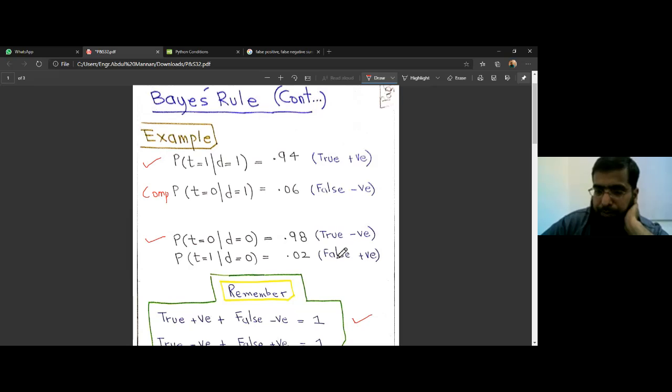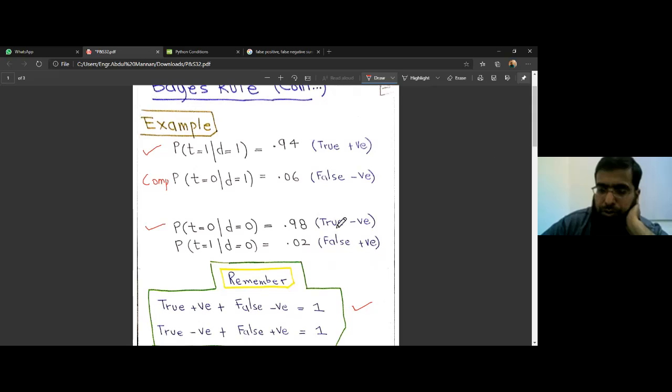So these two probabilities, true negative and false positive, also sum to 1. Therefore, we can compute the probability of false positive given the probability of true negative. How? By subtracting it from 1. 1 minus 0.98 is 0.02. So we were given these two probabilities, true positive and true negative, and we computed false negative and false positive.